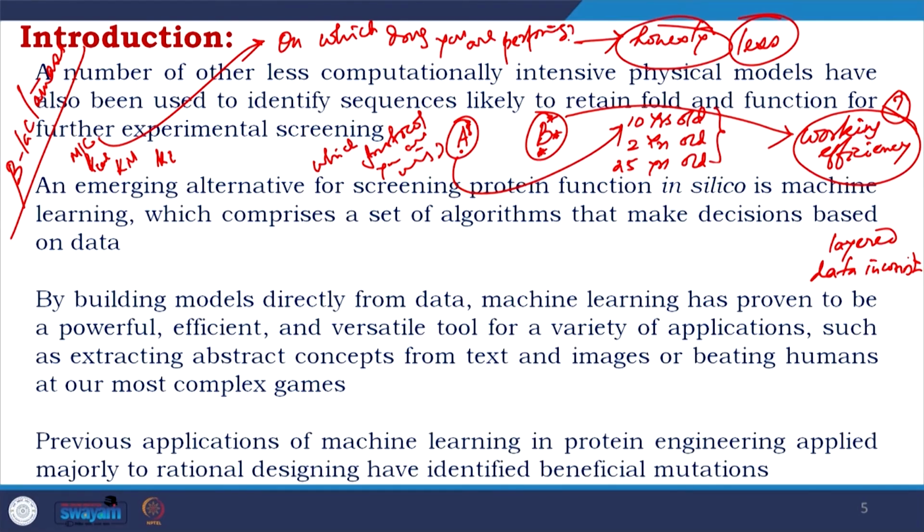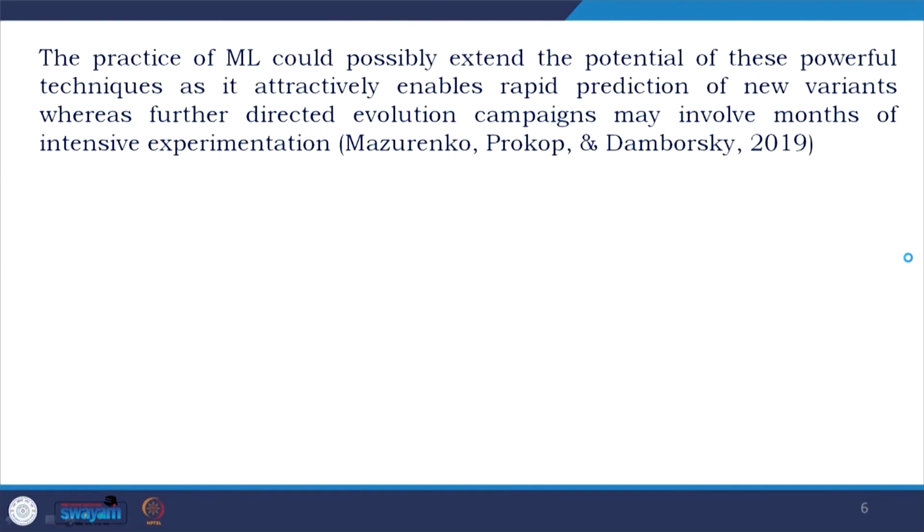Previous applications of machine learning in protein engineering, applied majorly to rational designing, have identified beneficial mutations. So, we already have some success, though little, and it was applied to rational designing because logic is there. So, we take those logic in the data set, we incorporate them and develop the algorithm.